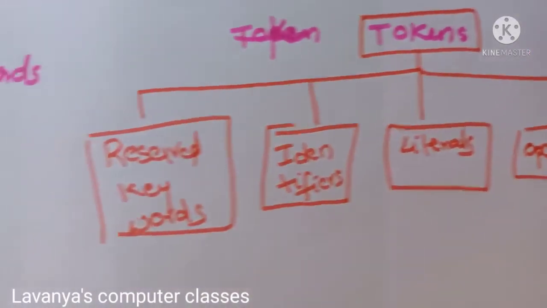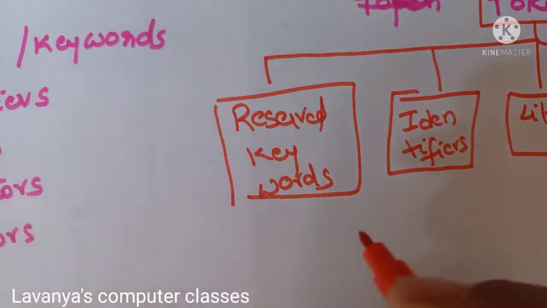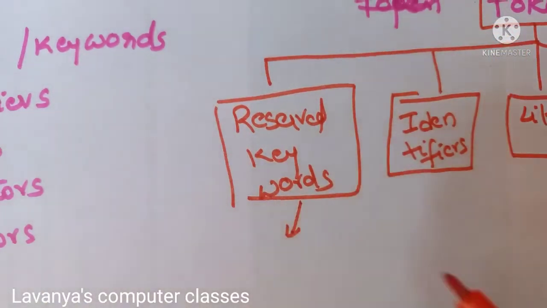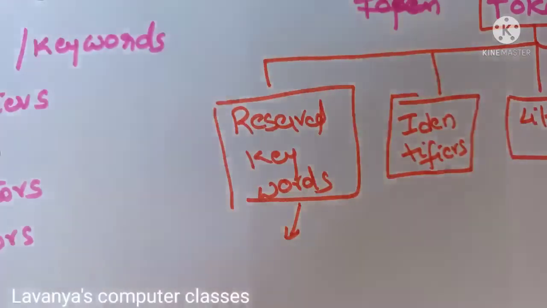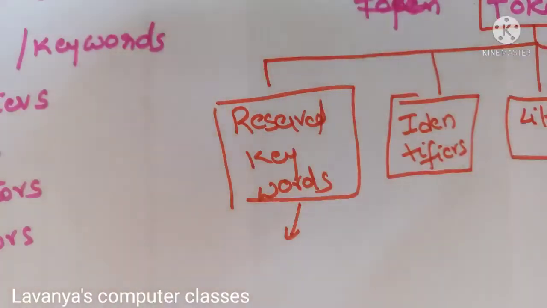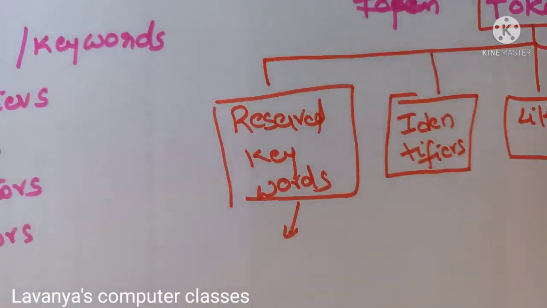What is a reserved word? These words are specially designed for some specific meaning. Those words are reserved for that purpose only, and it is not possible to use them for other purposes.